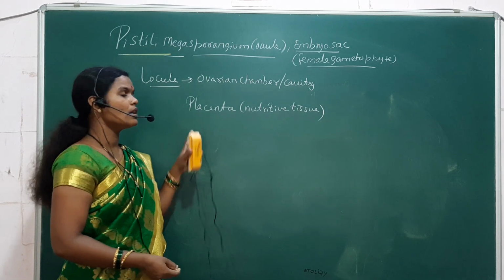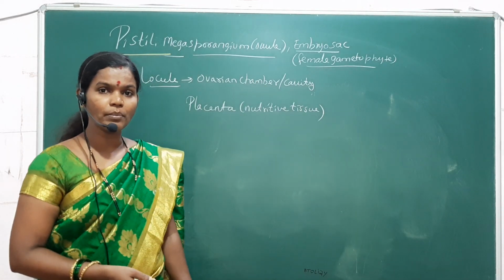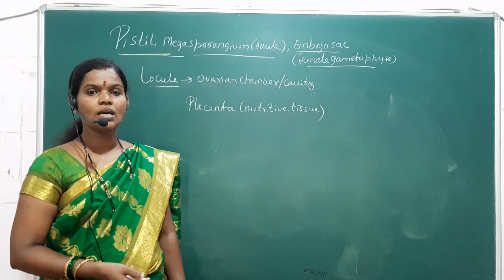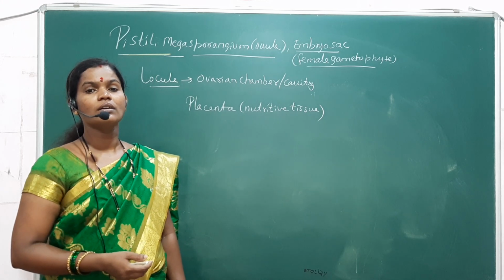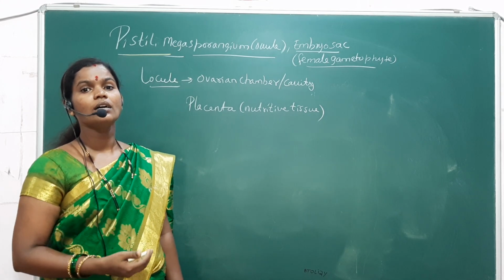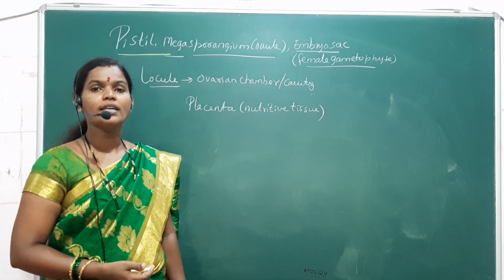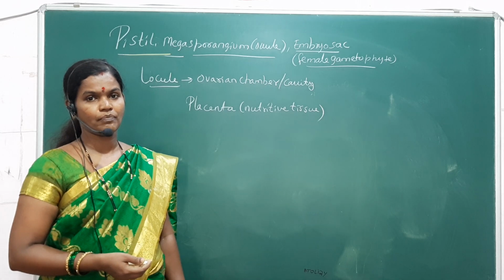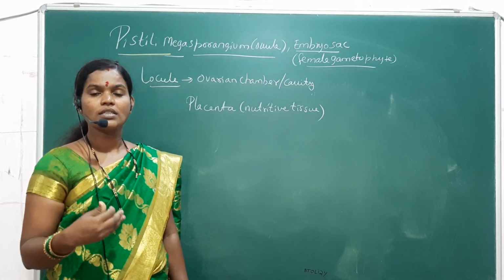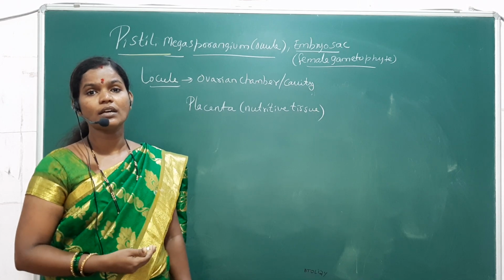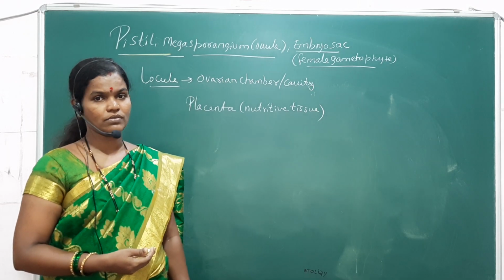Now students, in the PUC first year, if you remember, you have studied placentation. What is placentation? The arrangement of the placenta in the locule which provides the nourishment to the ovule is called placentation.